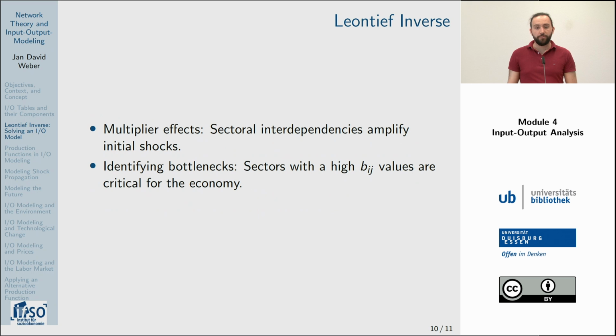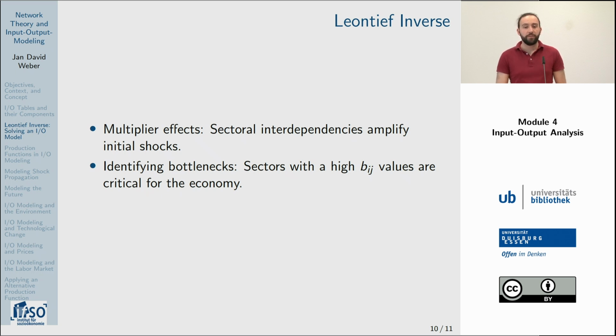The Leontief inverse, therefore, has also multiplier effects. We can have sectoral interdependencies which amplify initial shocks. If you shock one specific sector in the economy, this shock can flow through the economy and have impacts on completely different sectors. And we can also identify bottlenecks.